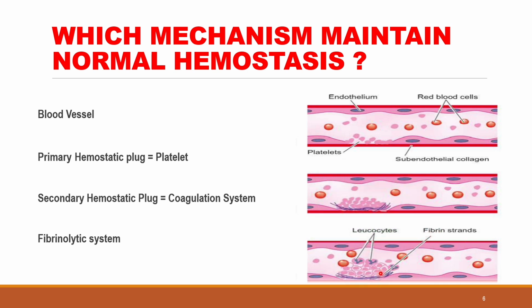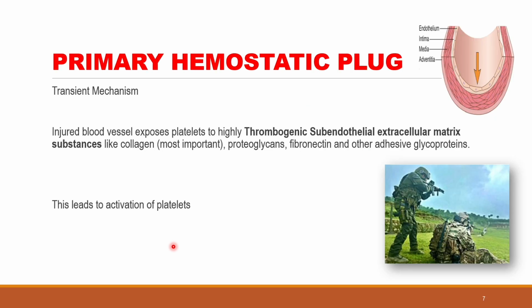And this fibrin and platelet together will form a secondary hemostatic plug, which can stop the bleeding. And once this endothelium is repaired, once the function of this hemostatic plug is over, it will be removed by the fibrinolytic system, particularly plasminogen activator. Plasmin will remove it. So this is called the normal hemostasis in a blood vessel.